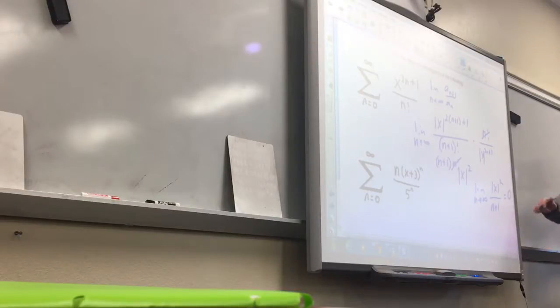Because my denominator is going to go to infinity. My numerator is simply a constant squared. Might be a really big constant, as x gets larger and larger, but you're still going to go off to infinity in the denominator. So the denominator is going to be larger no matter what x is. Okay? So, therefore, I get a limit, an L value of 0.